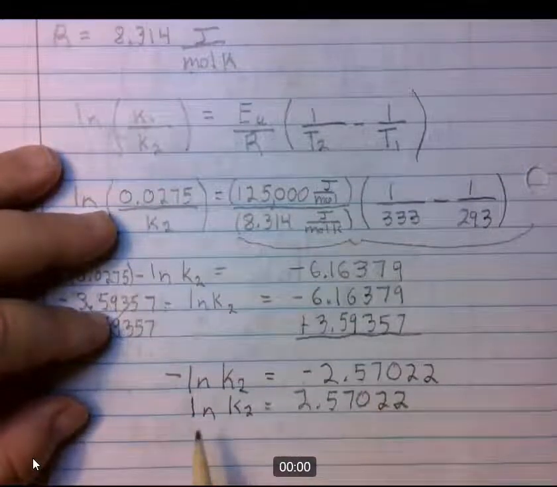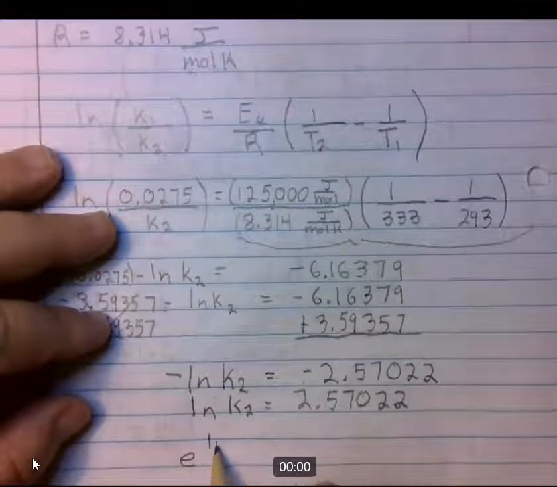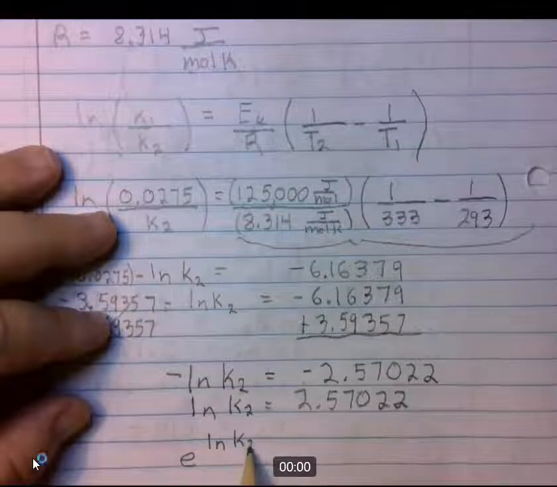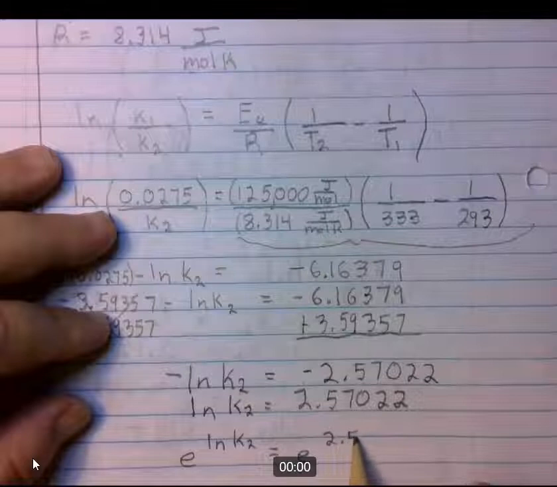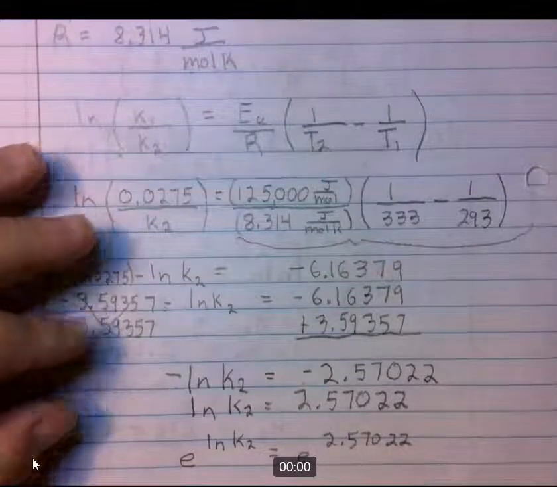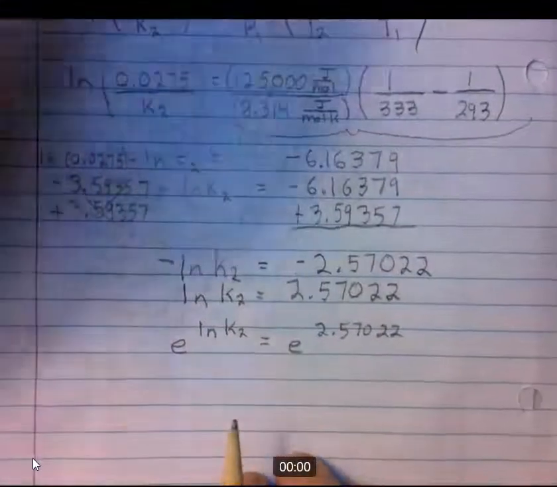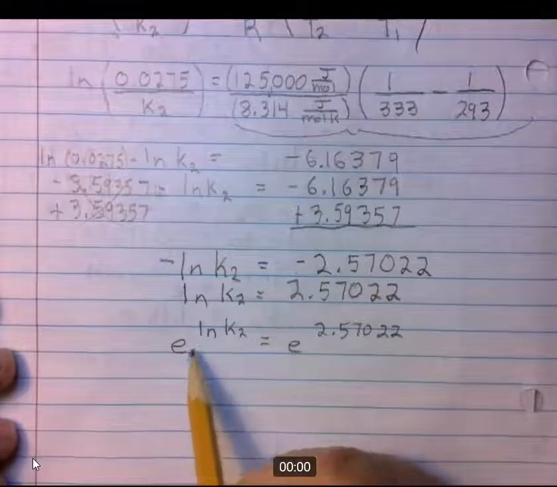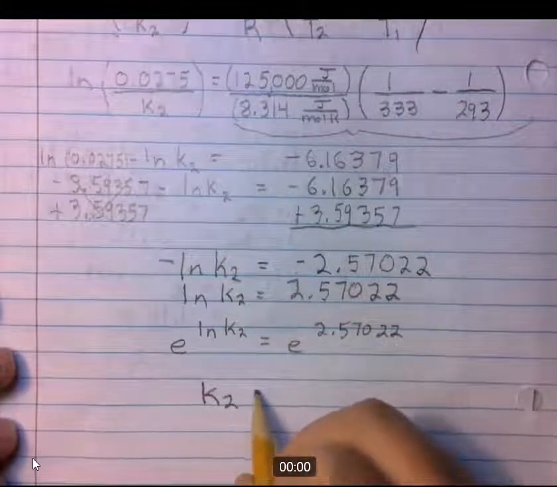And now we do our inverse operation on the natural log. We end up down here, e raised to the ln K2 just gives you K2. They inverse each other.